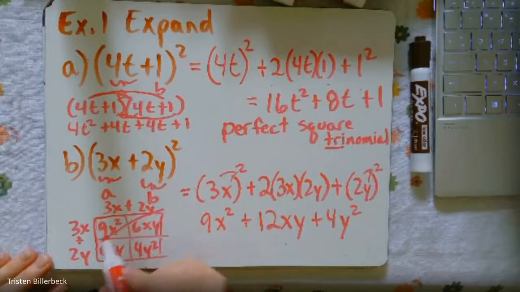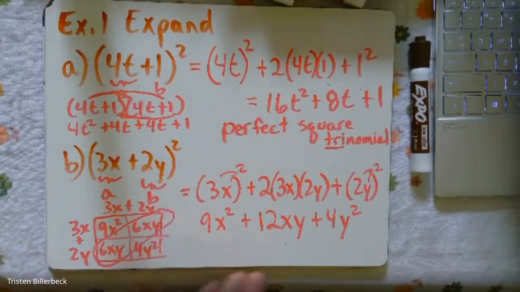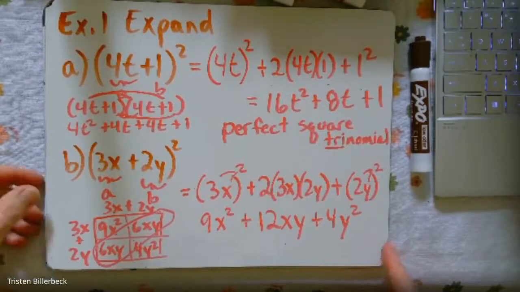And then we have like terms right here, which end up being 12. So you could do that as well.